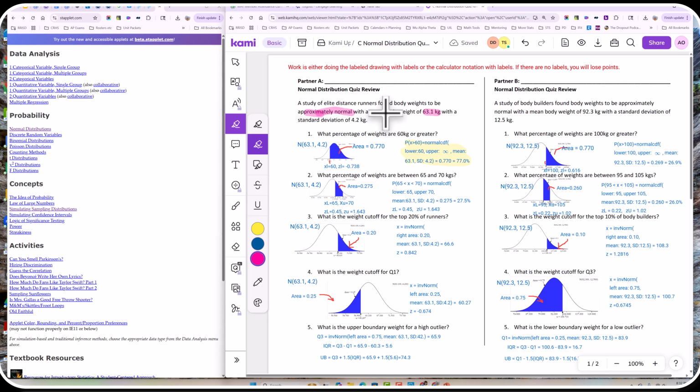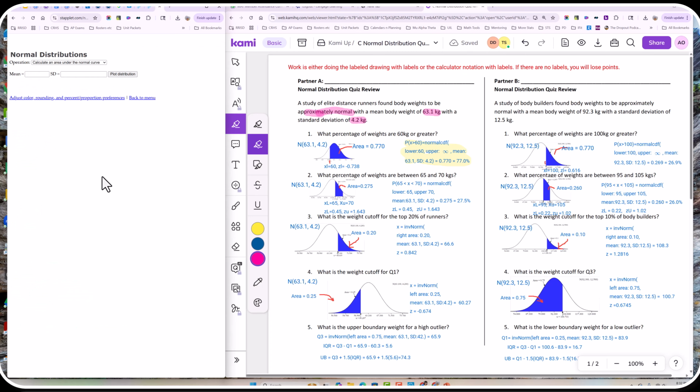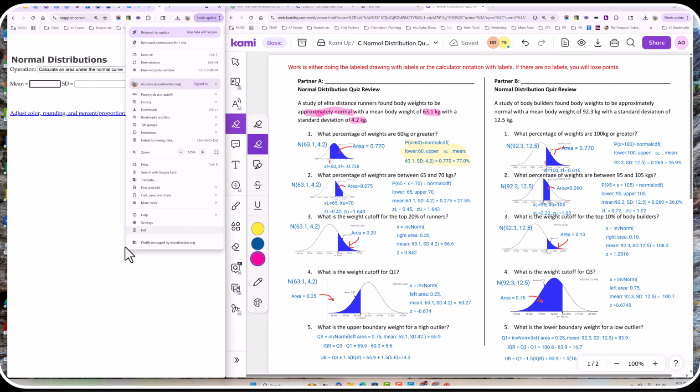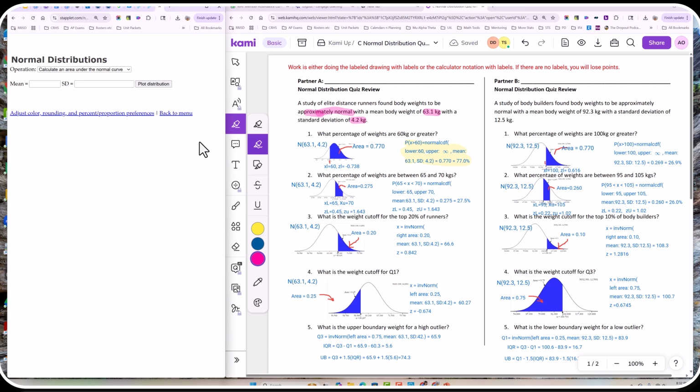Here's my mean, and there's my standard deviation. So I'm going to click on normal distributions in stapplet and put in my mean. Here, I'll zoom this in just a touch, since this is a giant screen. And you can see the mean is 63.1, and standard deviation is 4.2.